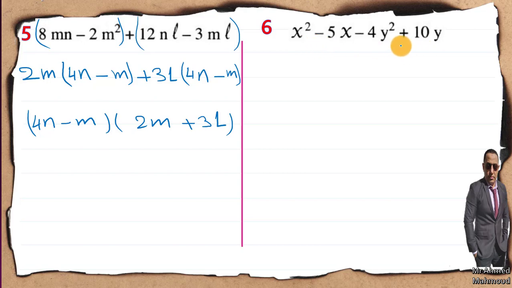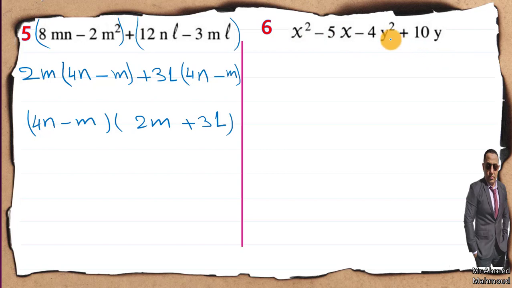And here if I take y or 2y as common factor, inside the bracket will be y minus 5. The first bracket included x only, the second bracket included y only. So I will not use this way. I will not use this group and this group.